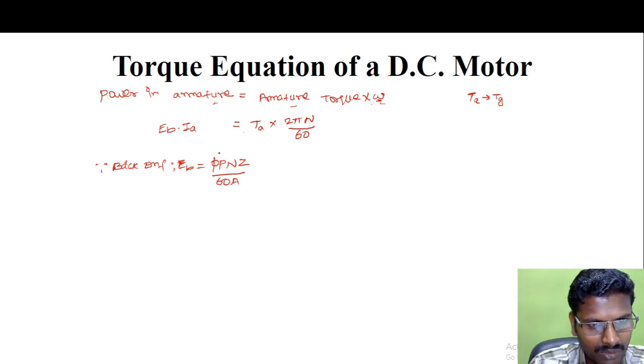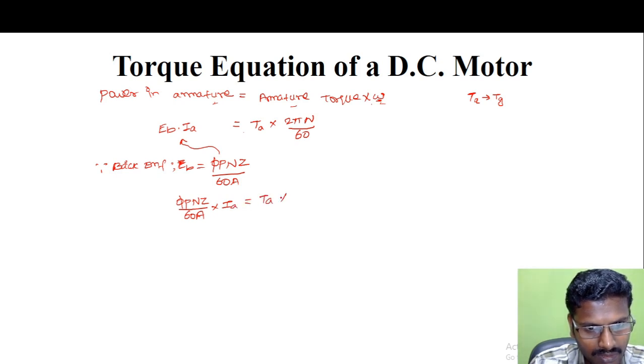So I'm going to substitute this EB in this relation. So φPNZ divided by 60A into IA is equal to TA into 2πN divided by 60.